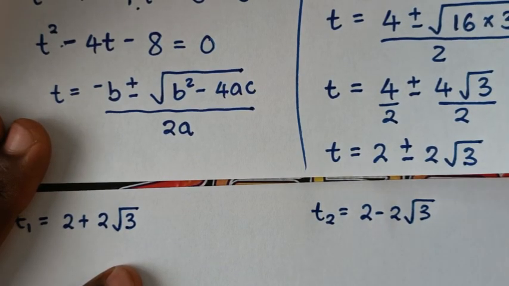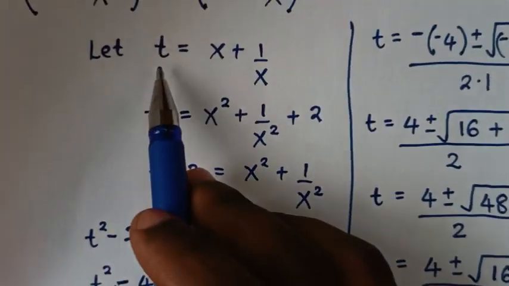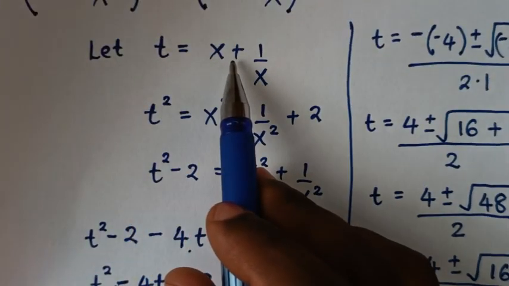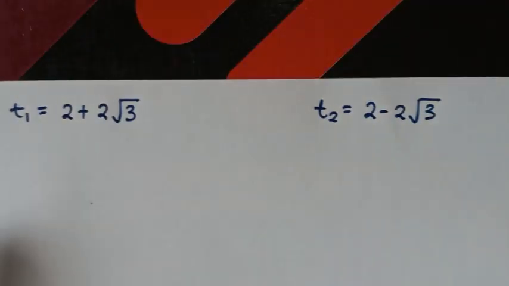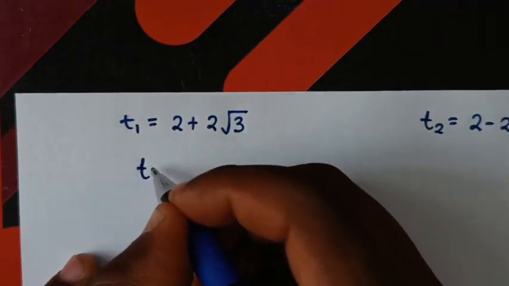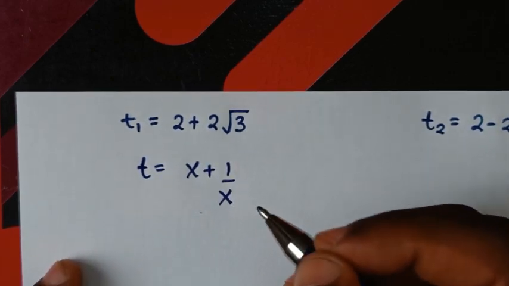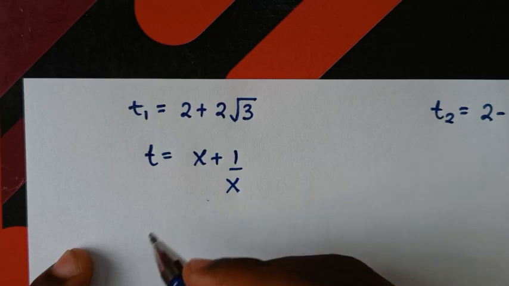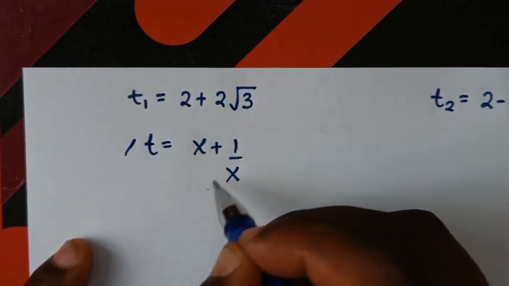Then in the next step, we recall that before we let t be x plus 1/x. So t is equal to x plus 1/x, and we'll multiply by x on both sides to remove this denominator of x.